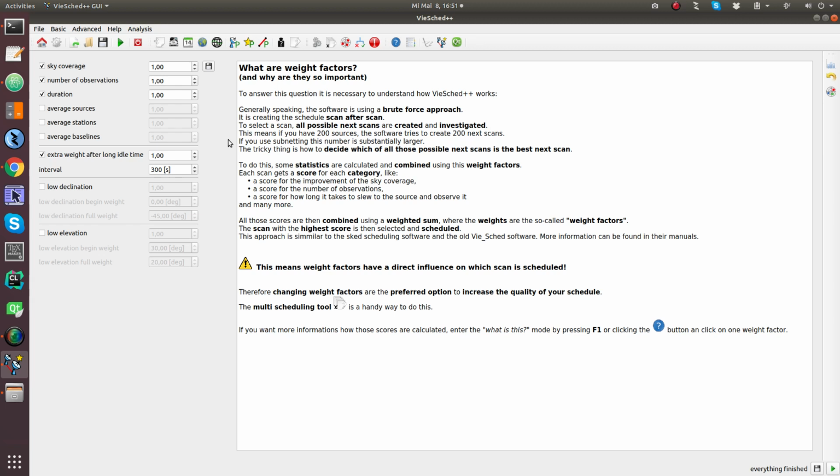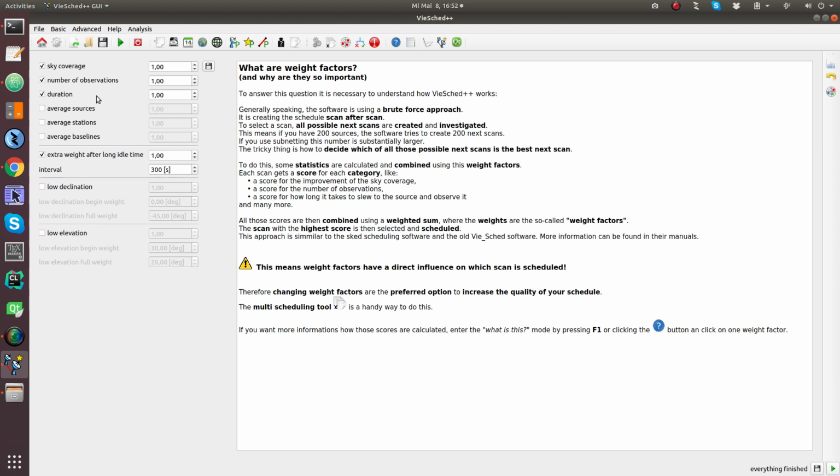So VieSched++ is calculating different scores based on different quantities. For example, it's calculating a score based on the improvement of the sky coverage. It's also calculating a score based on the number of observations per scan, and also a score based on the duration of the scan. So how long does it take me to slew to the source, start the recording, and observe the scan, and all that.